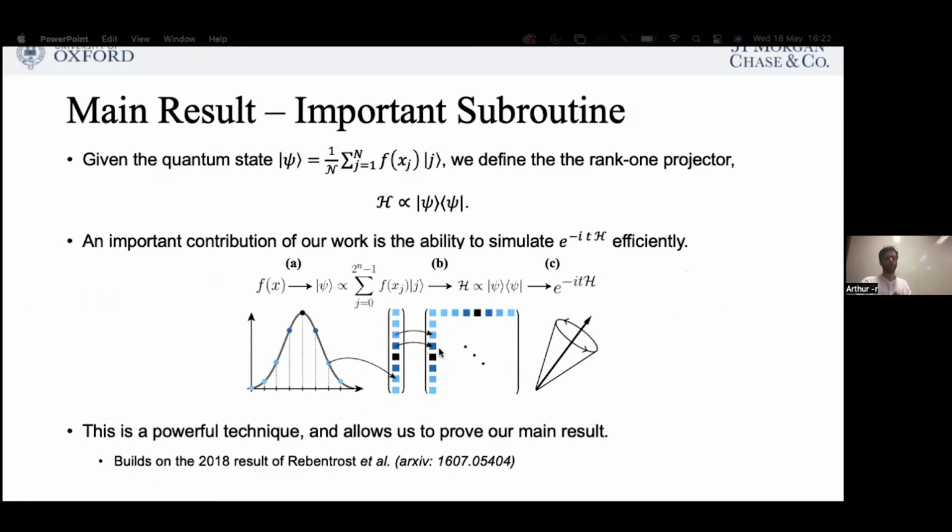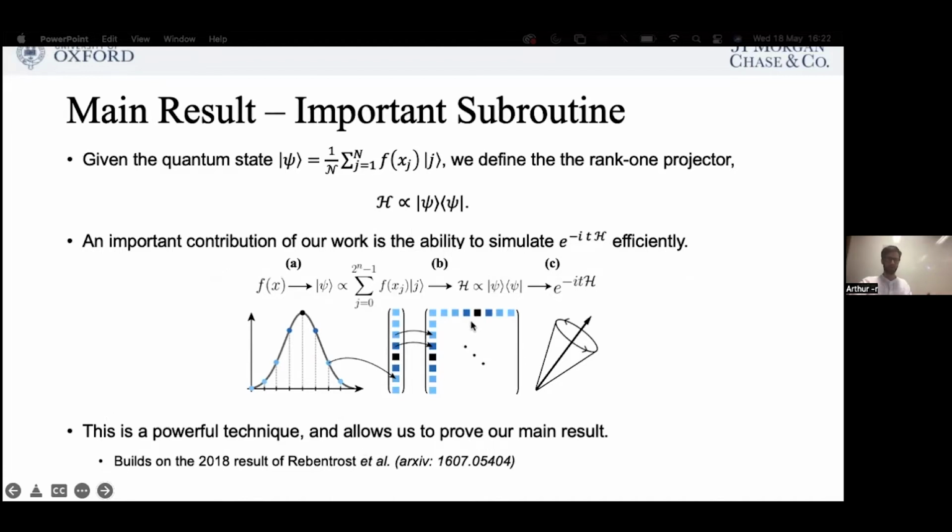Okay. So now I'm going to discuss an important subroutine that enables this state preparation procedure. Given the state that you want to prepare, we define a rank 1 projector onto that state. An important contribution of our work is the ability to efficiently simulate this projector. This powerful technique is based off of the low rank simulation technique result by Patrick Rebentrost in 2018.